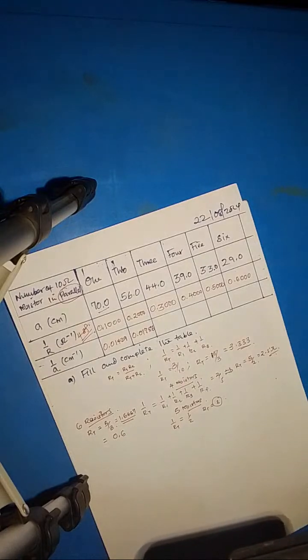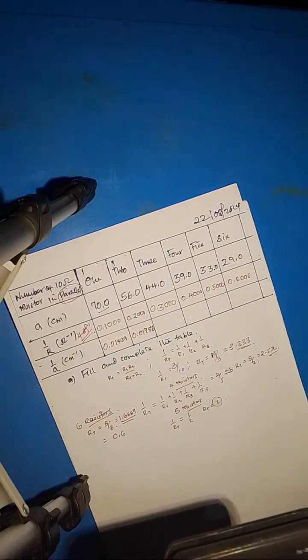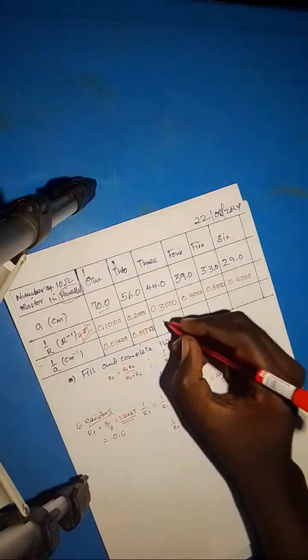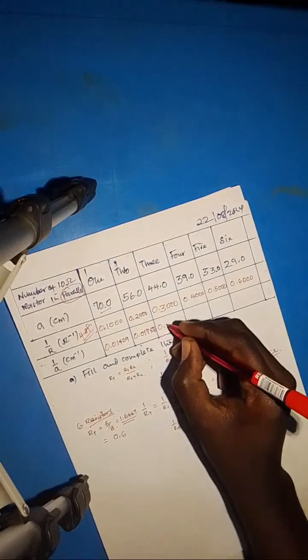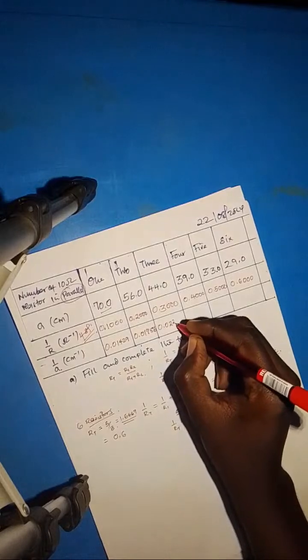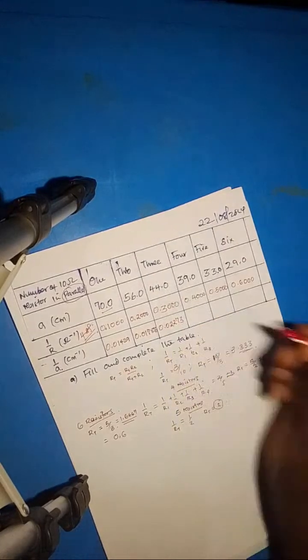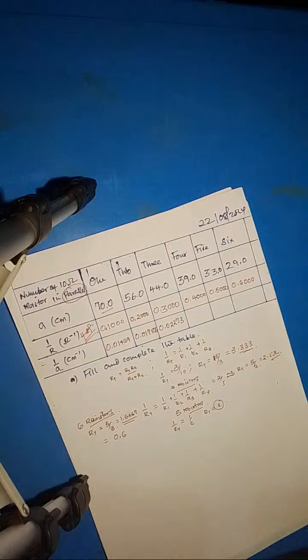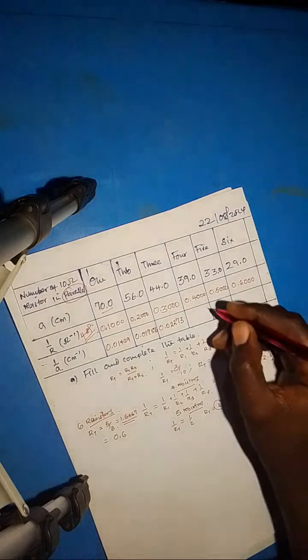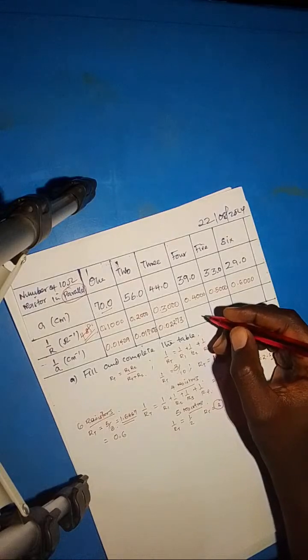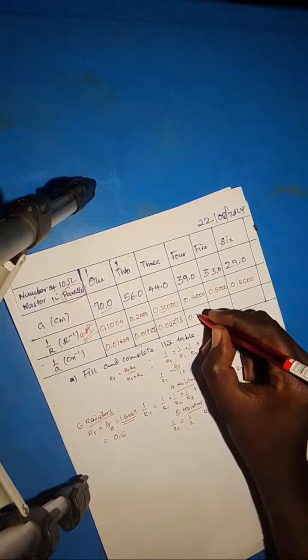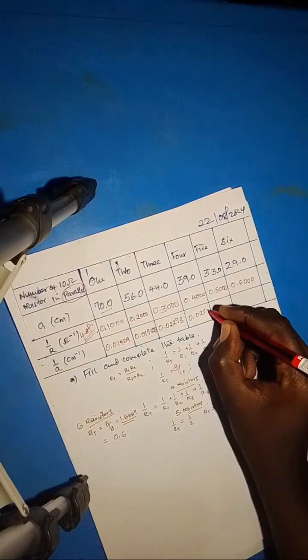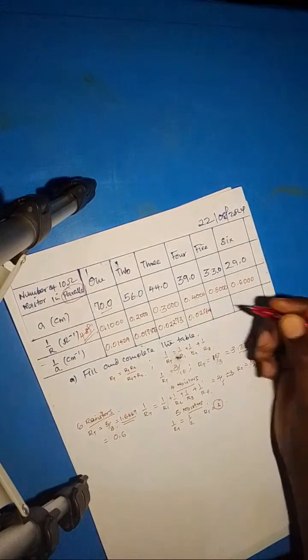The next one is 44, which will give me 0.02273. The next one is 39, which will give me 0.02564.